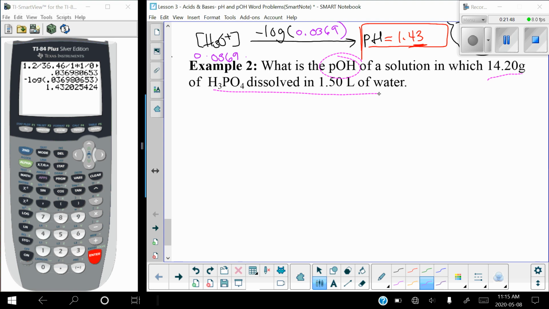First step always is you're going to write an appropriate balanced reaction. So acid, when put into water, is going to ionize. So step 1, balanced reaction. Always balanced reaction.